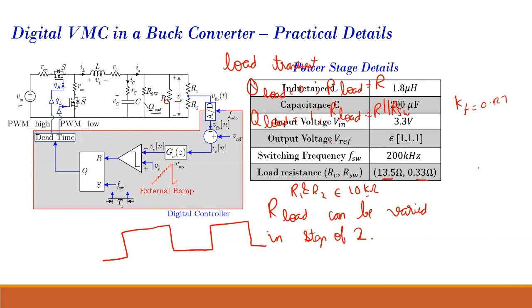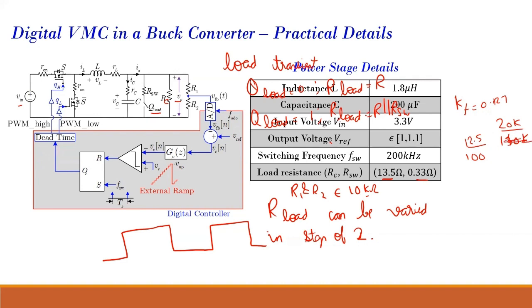Suppose one was like 0.12, so 12.5 by 100. It could be something around like this. Maybe one resistor is of 20K and the other 140K or something. I don't know the exact value, but it will be in the range of kilo ohm.